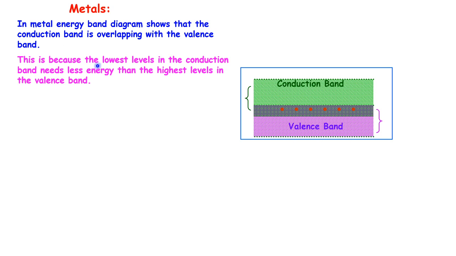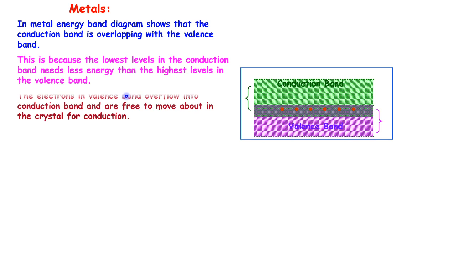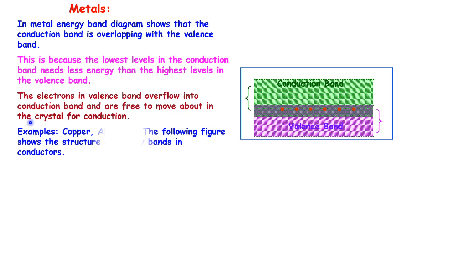This is because the lowest energy level in the conduction band needs less energy than the highest level in the valence band. So this is the highest level. The electrons in the valence band overflow into the conduction band and are free to move about the crystal for conduction.